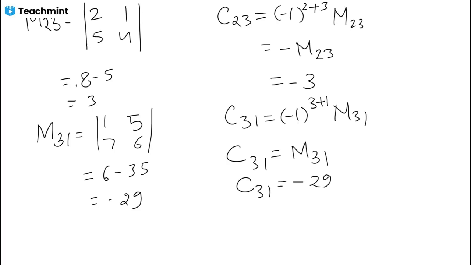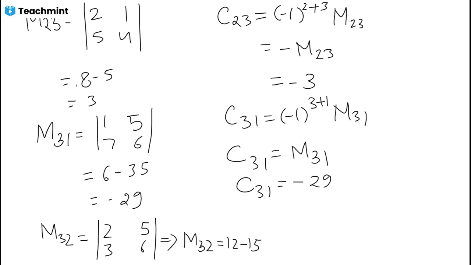Let us find the next value, M32. Now leave the elements of third row and second column. We have 2, 3. So for M32 we have 12 minus 15, which is minus 3.